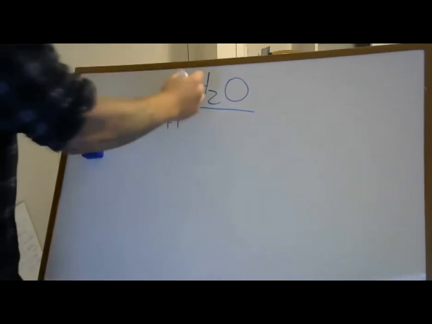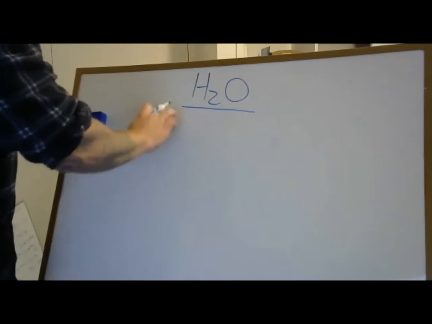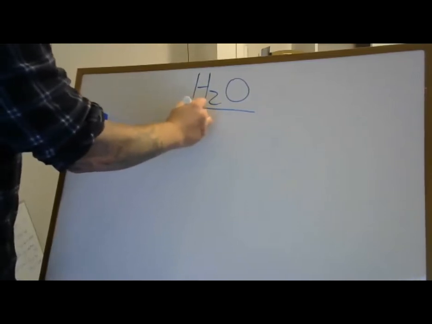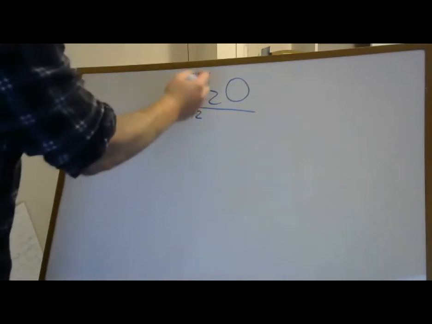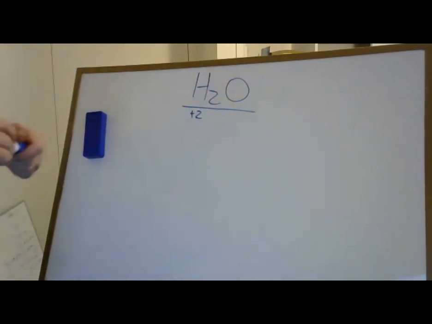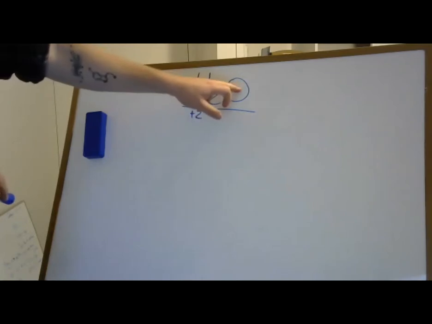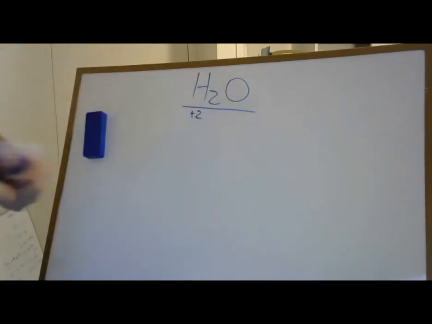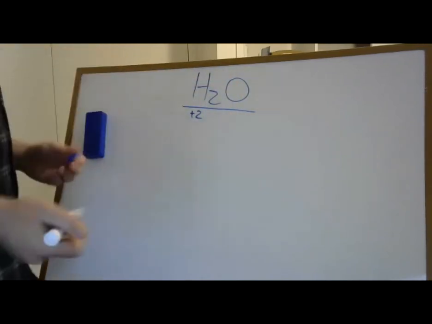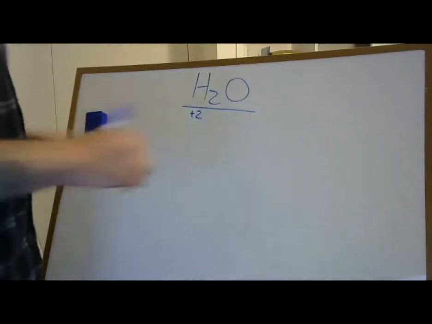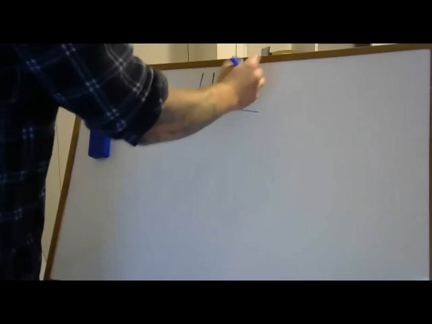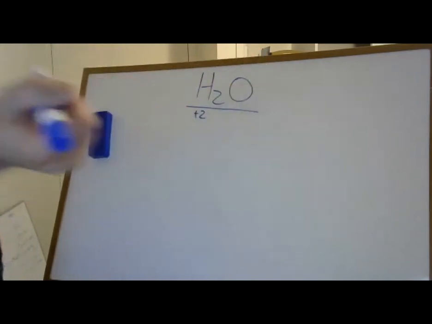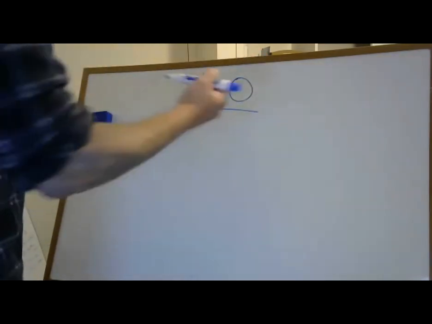So the charge on hydrogen here is +2, because it's donated its 2 electrons to oxygen. With oxygen, if we look at our rules, it's -2.